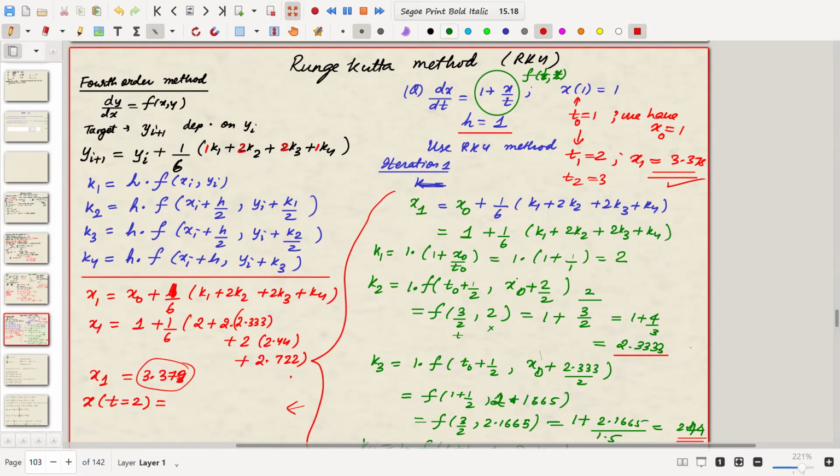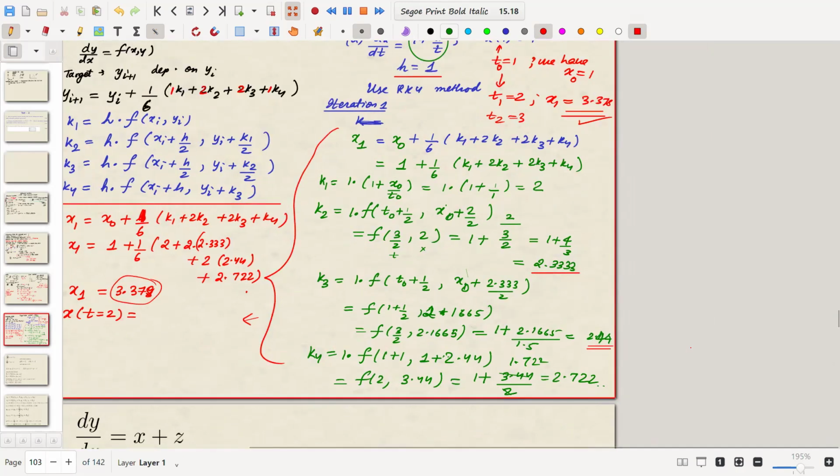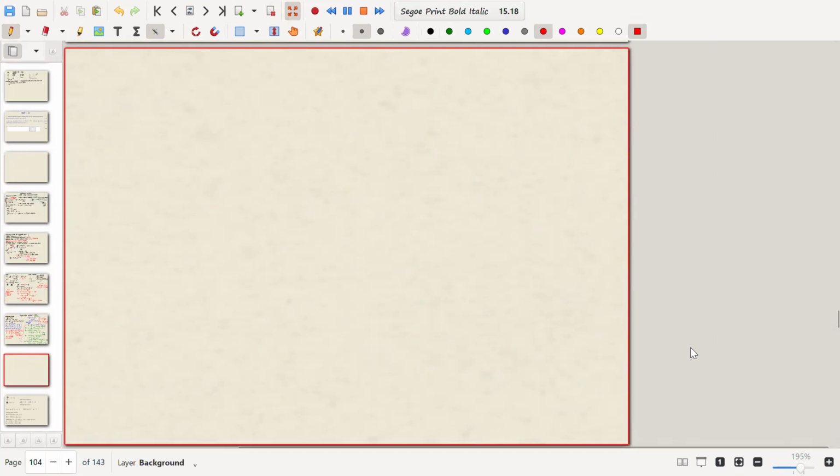Now you can also do the same with the RK2 method. What is the RK2 method? It is a second order method.